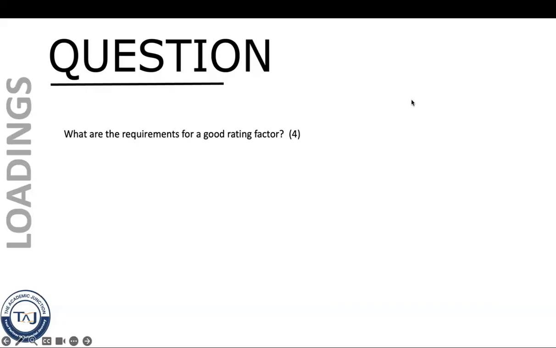We should not have a factor which is not related. The right word is: it should define the risk clearly. Okay, good. Define the risk clearly.